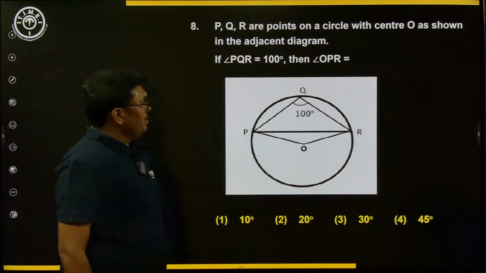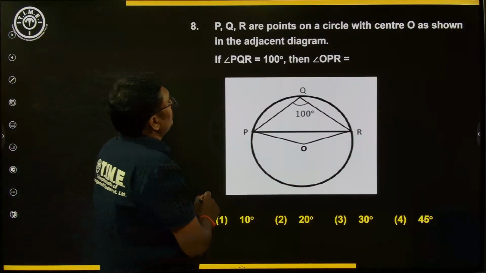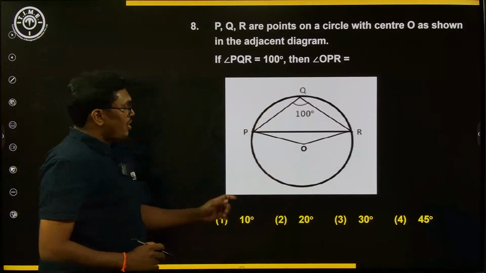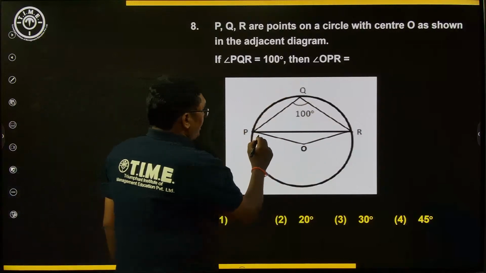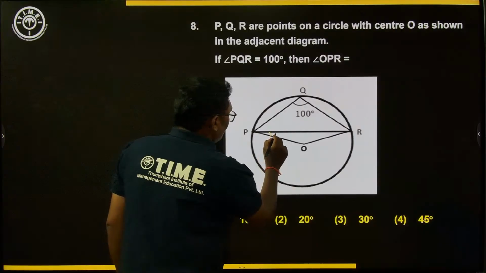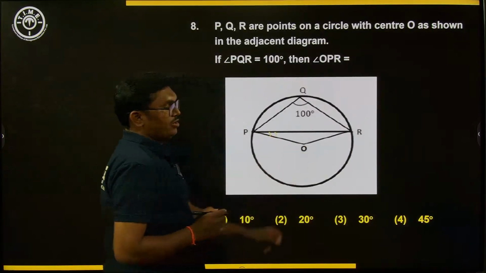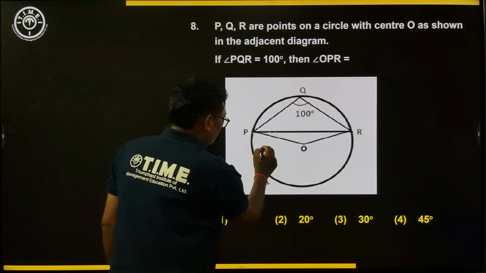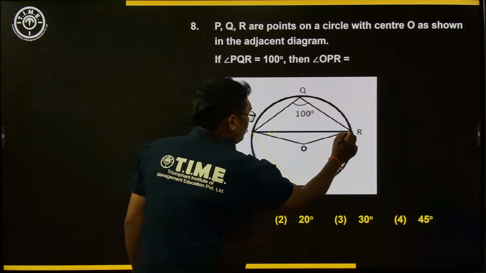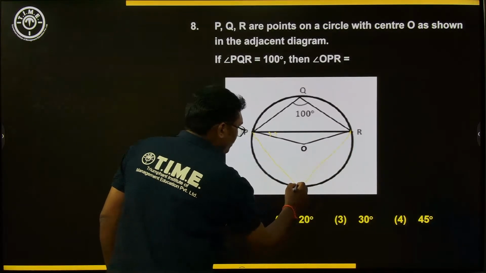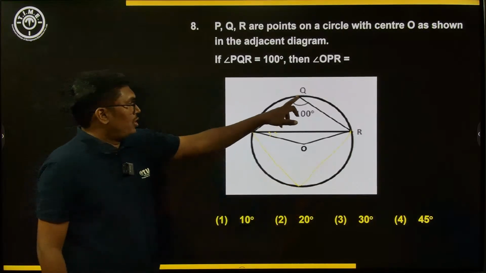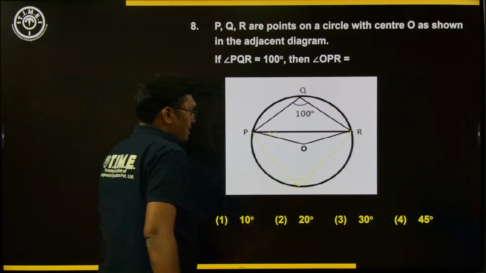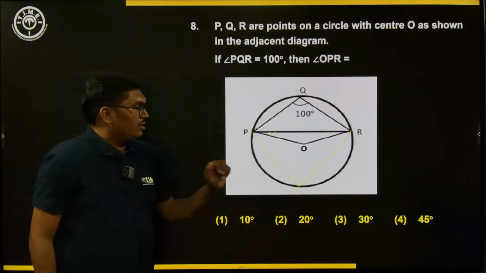Next question number 8. So circle is given. So PQR is 100. This PQR is 100. So what you have to find? We have to find what is OPR. Okay. So if you join these two, P and R, okay, so it forms a cyclic quadrilateral, and in the cyclic quadrilateral one basic property is there, opposite angles add up to 180.